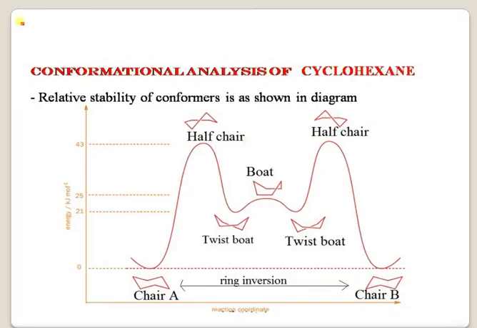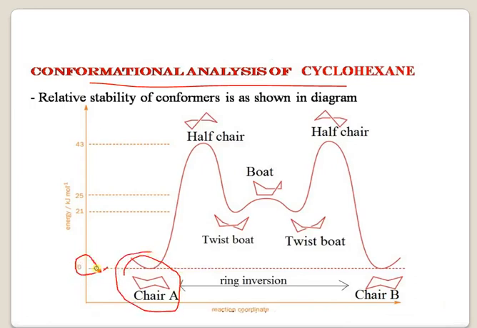So, conformational analysis of cyclohexane, relative stabilities of conformations are shown in this diagram. This is chair conformation A having 0 kilojoule energy. When we shift to half chair, one carbon is above the plane and the others are in the same plane, this is half chair conformation.